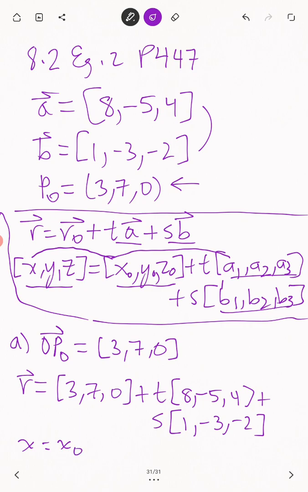Actually, let me go to the next page and I'm going to do it here. So x would be 3 plus 8t plus s, and again that comes from all of the first components in the vector equation.